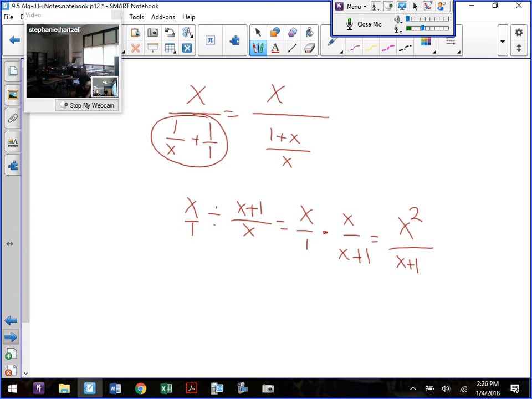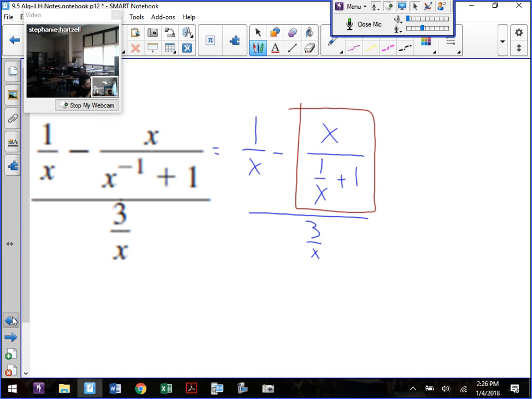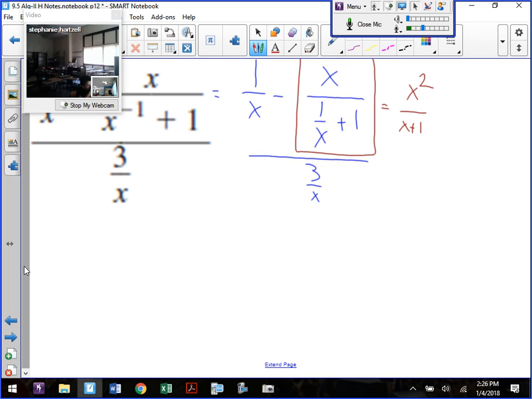So all of this equaled x squared over x plus 1. You okay with that? I'm going to rewrite the problem now. I have 1 over x minus x squared over x plus 1 all over 3x. Now, isn't that a lot nicer looking?